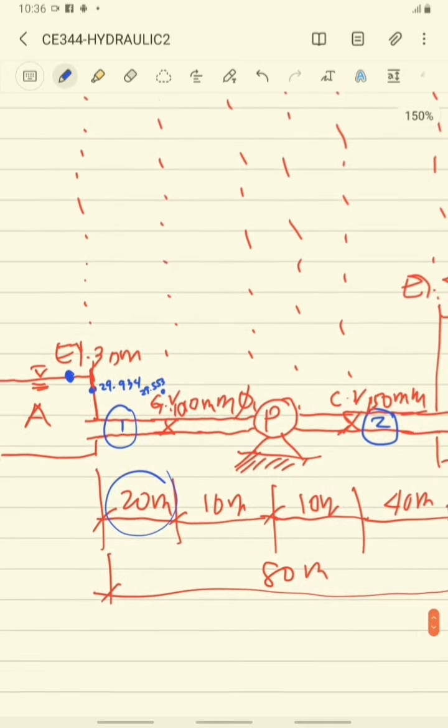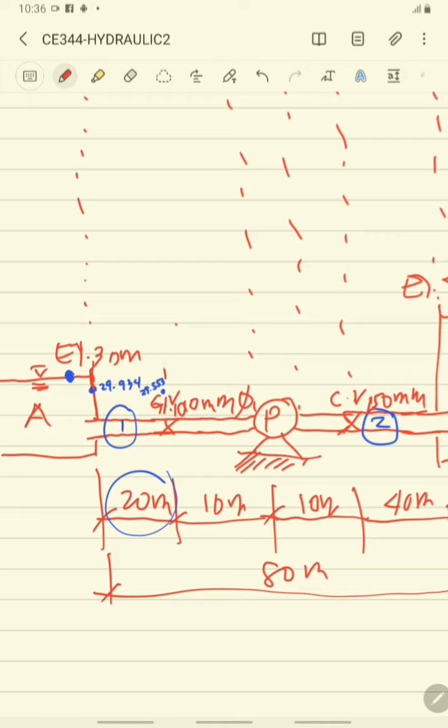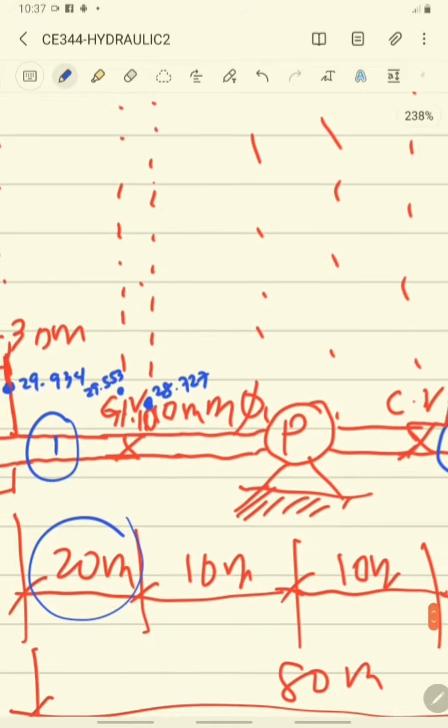Okay, maybe I have to draw again, no? To redraw my vertical line. Okay, so I have to draw like this so that you can see it clearly. So this will be my 28.727.